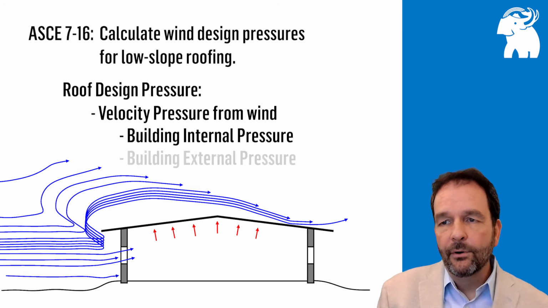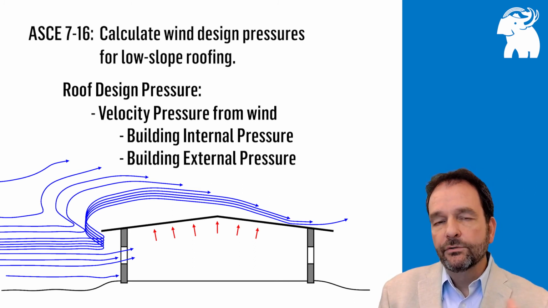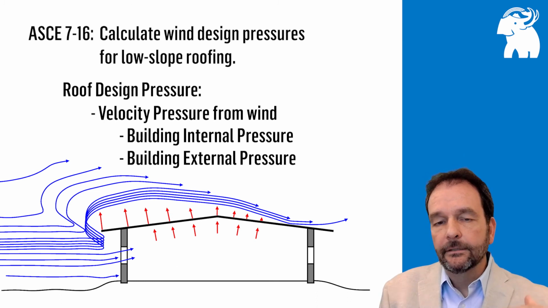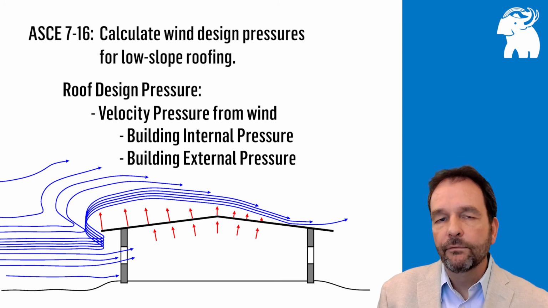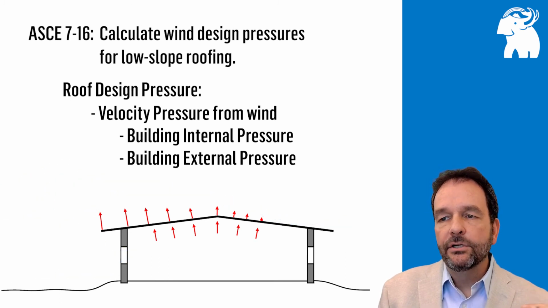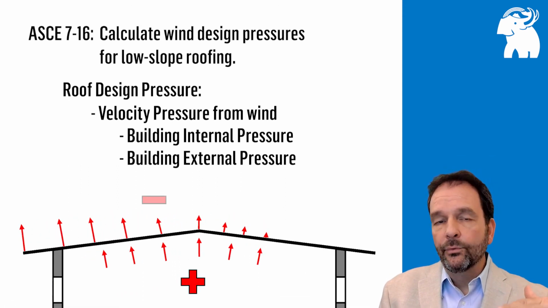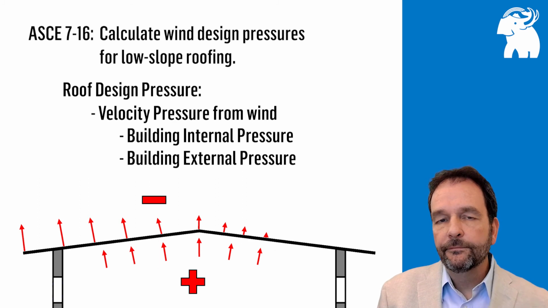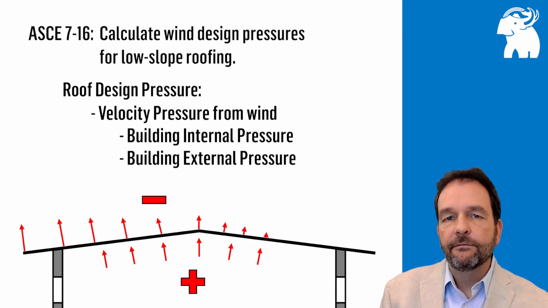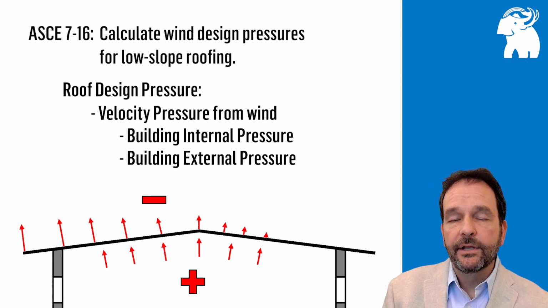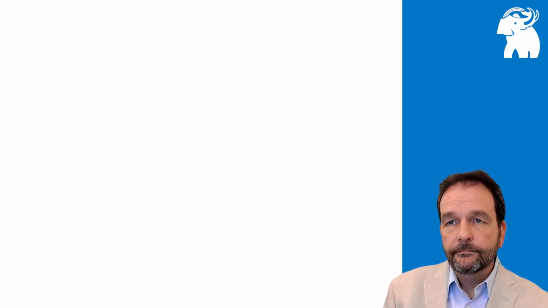And then there's the component of wind that flows over the top of the roof and tries to lift up, or the suction pressure that pulls up on the roof surface. So you have the combination of the internal positive pressure and the external negative pressure pulling up on the roof. And the combination of that is the design pressure that we'll be calculating using ASCE 7-16.